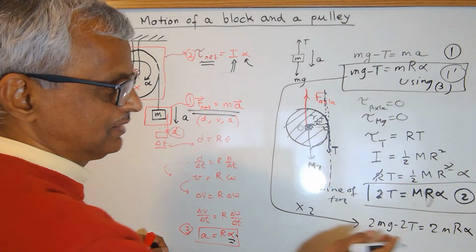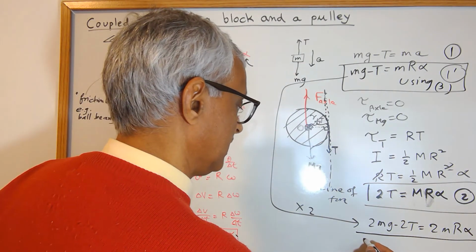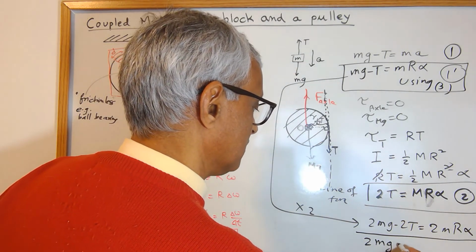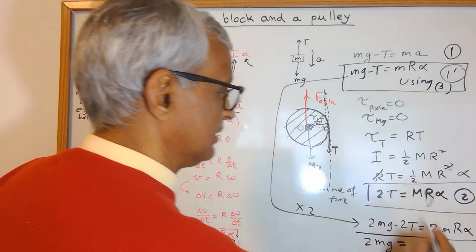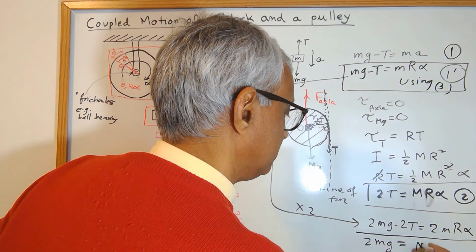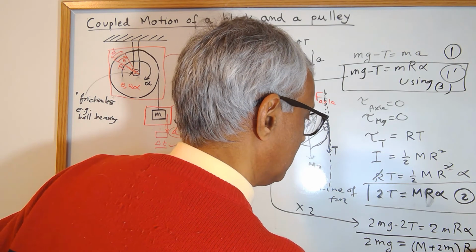And when you add these two, the tension cancels. I get a 2mg, T cancels, and this plus this, so you have big M plus 2 little m, times r alpha.